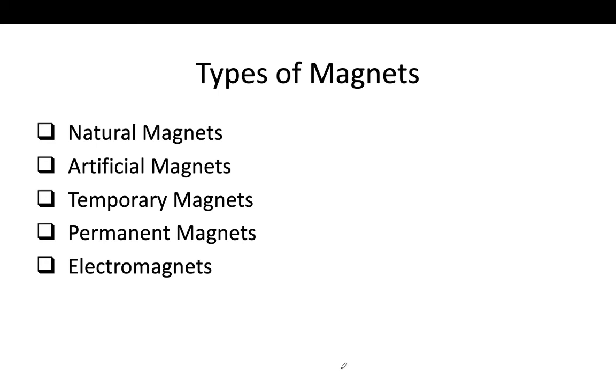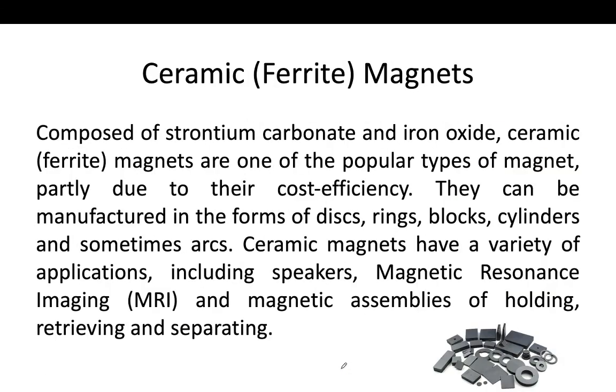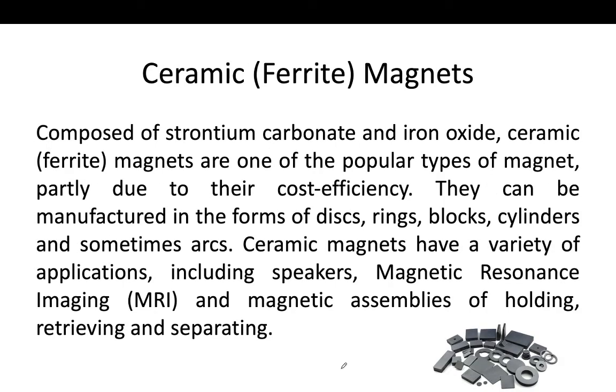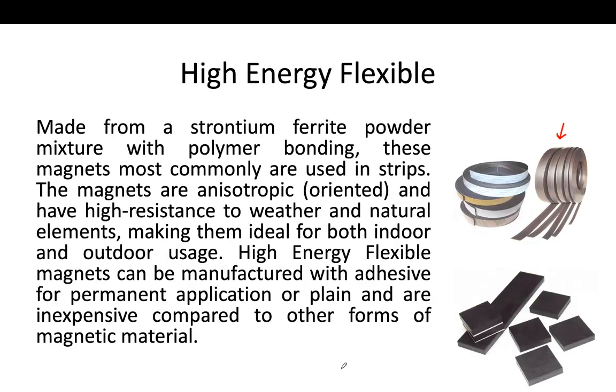So these were the types of materials used. Materials are always used as per applications. Like Alnico, we studied, they are used in labs for performing experiments. Ceramic magnets are mostly used in our appliances, speakers, and medical applications.